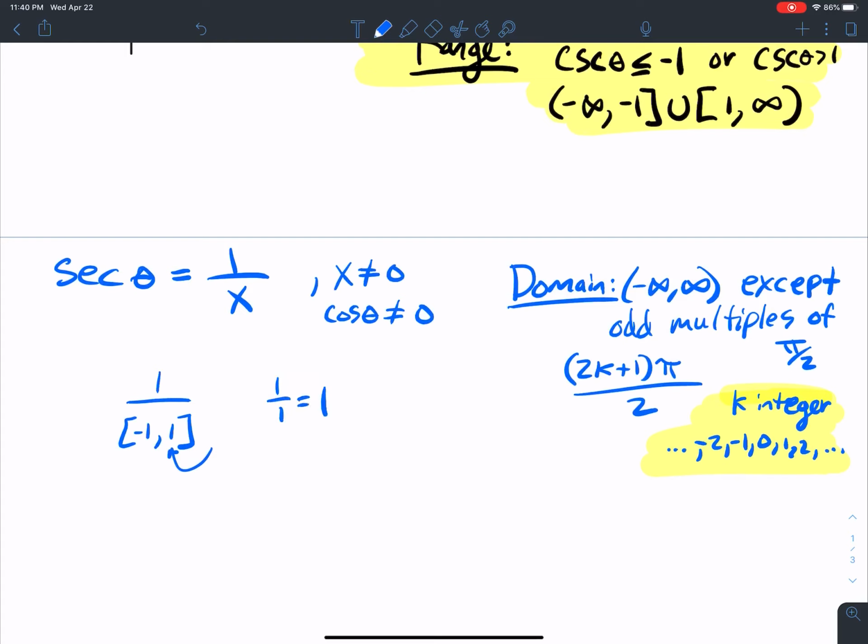But if I plugged in, maybe like, even if I plugged in like a 0.9, okay? Like if I had 1 over 0.9, that was positive. That's close to 1. That's going to get me 10 over 9, okay, the reciprocal there. Put in your calculator if you don't believe me. That's greater than 1, right? So we're just getting bigger at that point.